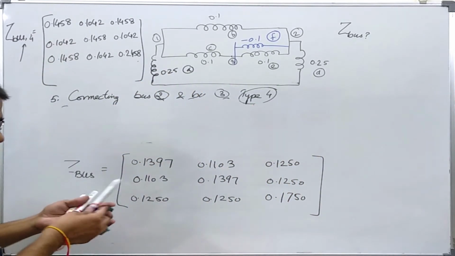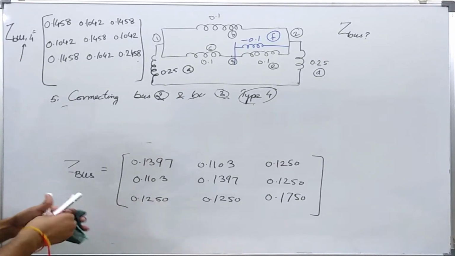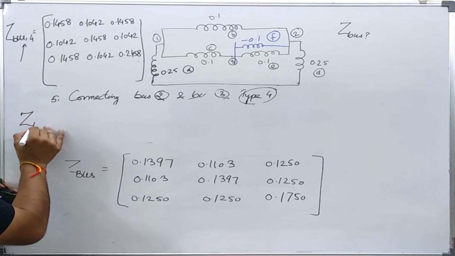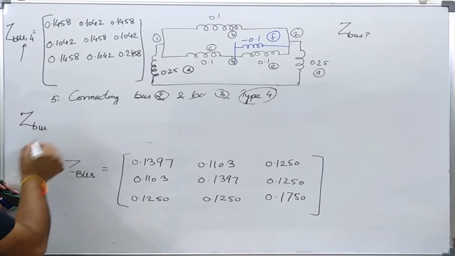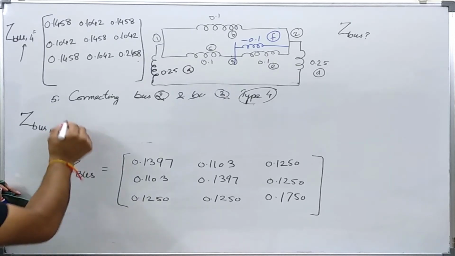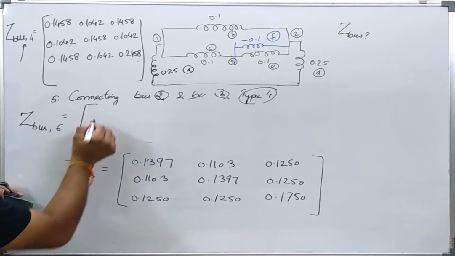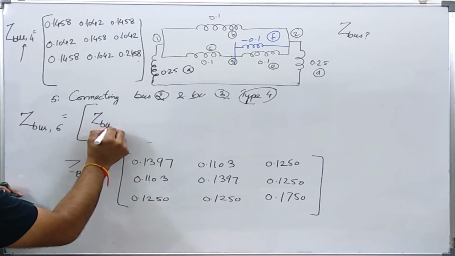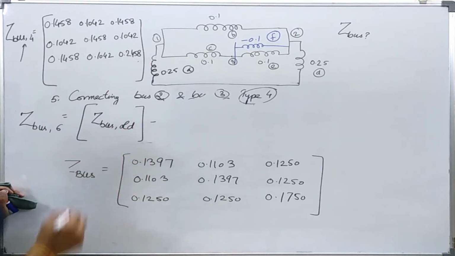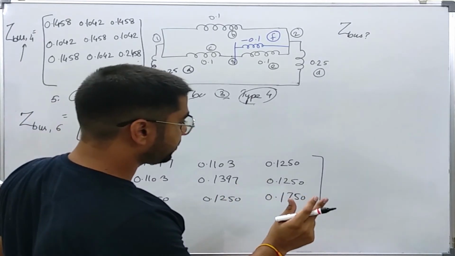So it is again a case of type 4 modification. Type 4 modification requires that I write Zbus for step number 6 as Zbus old minus M inverse.